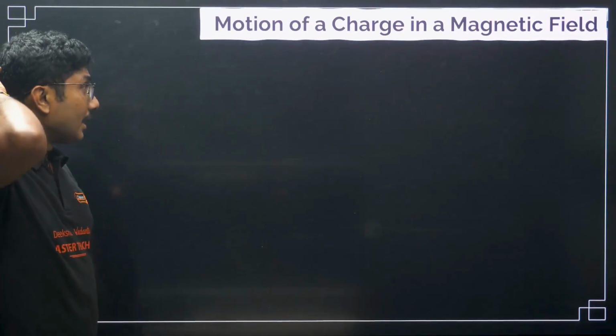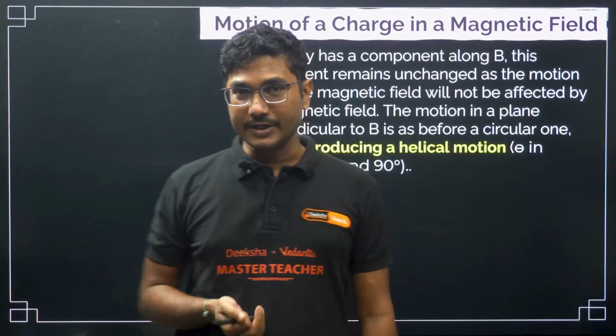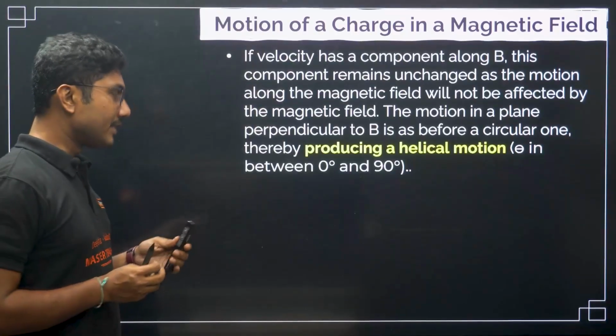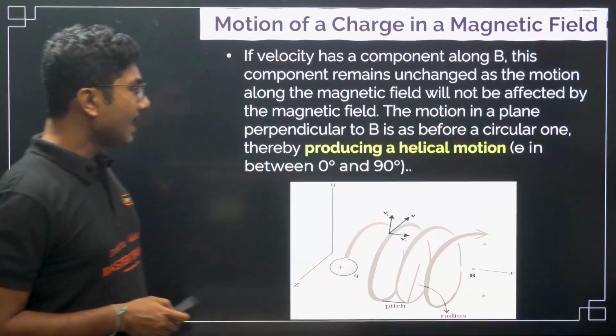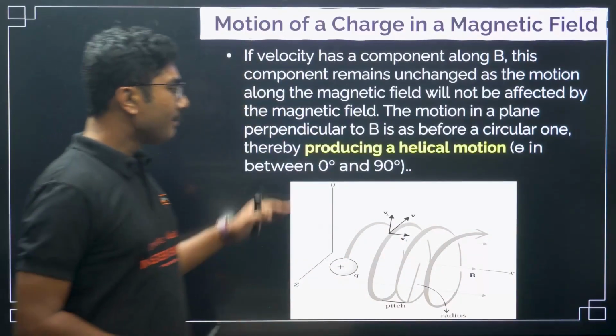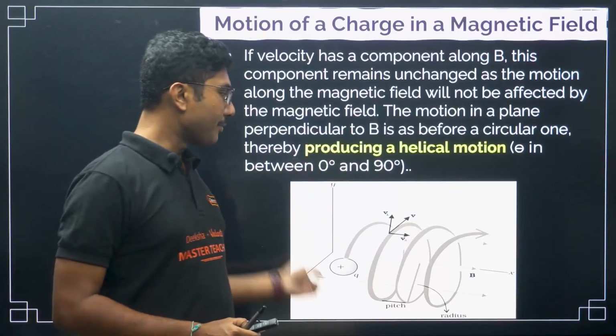But what will happen if the angle theta is not 90 degrees? If it is between 0 and 90, then there will be a component parallel to the magnetic field. This is a 3-dimensional picture.